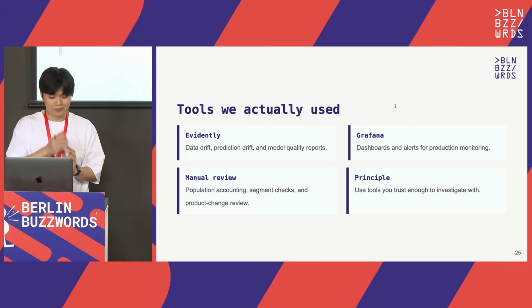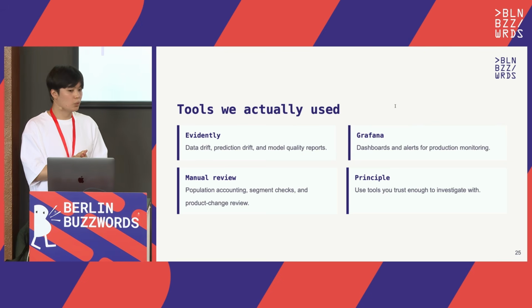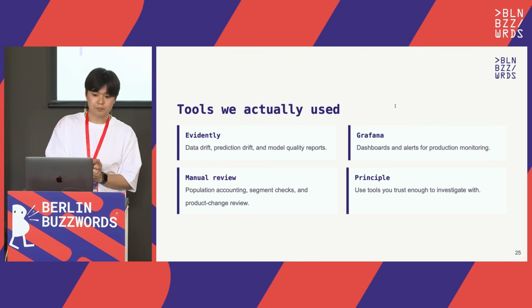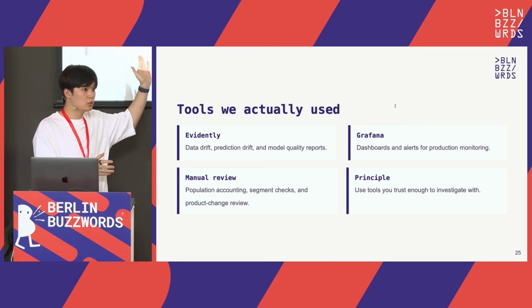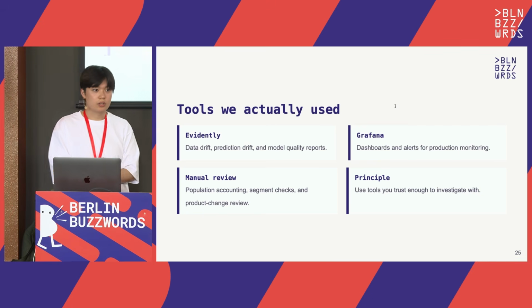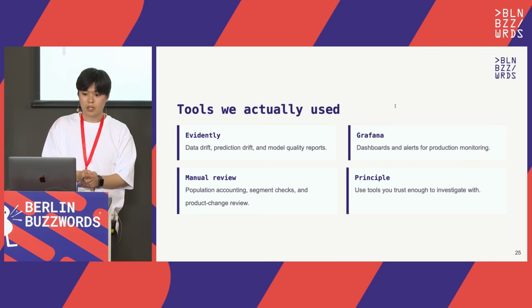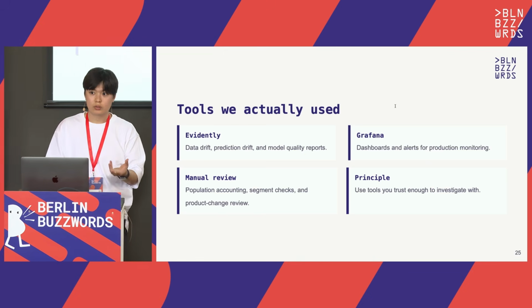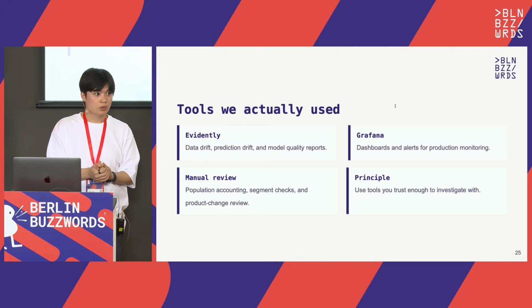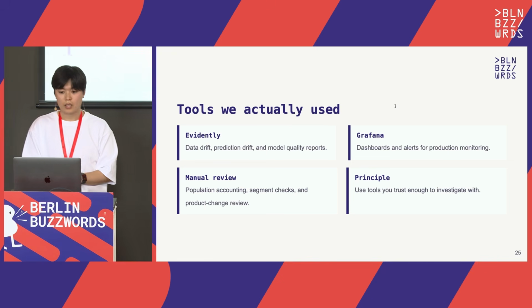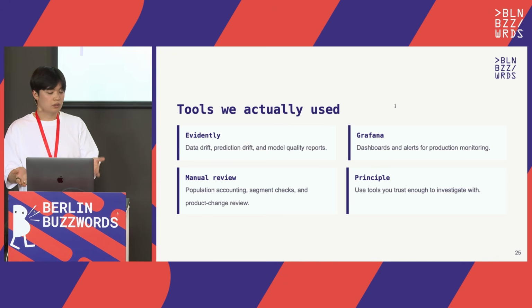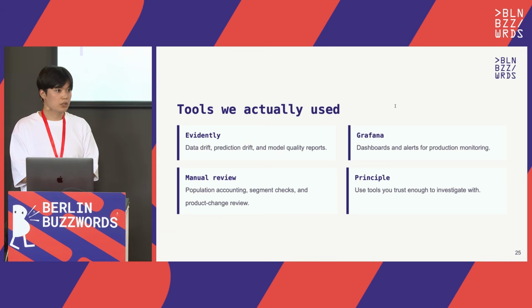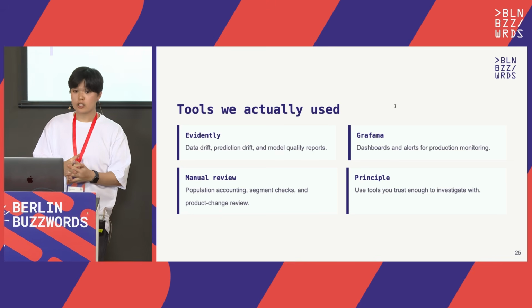In our case, we used the Evidently tool to measure the data drift, to analyze it, and to compare the model versions. It is quite easy to do with this tool, and Grafana for dashboards and alerts for production monitoring.